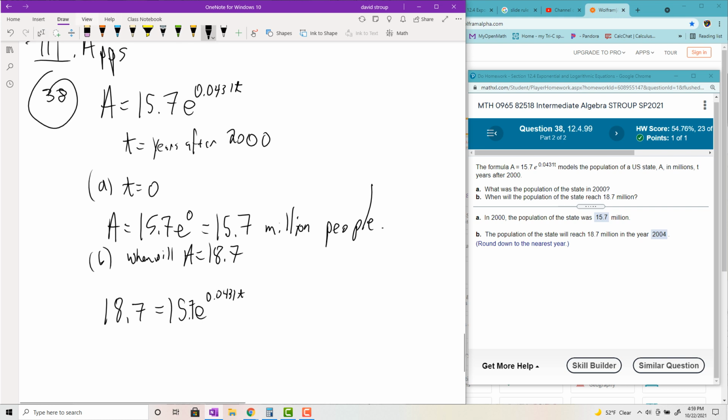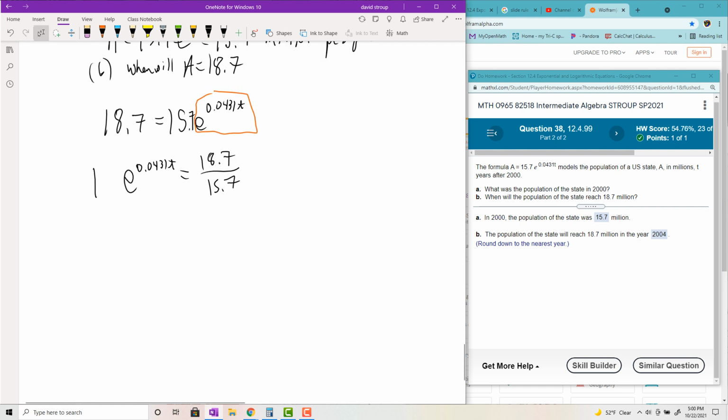And then you have to solve this. This is an exponential equation. I have to isolate the exponential and then take natural logs. So I'll have e to the 0.0431t equals 18.7 all over 15.7. Then I'm going to take natural logs on both sides.